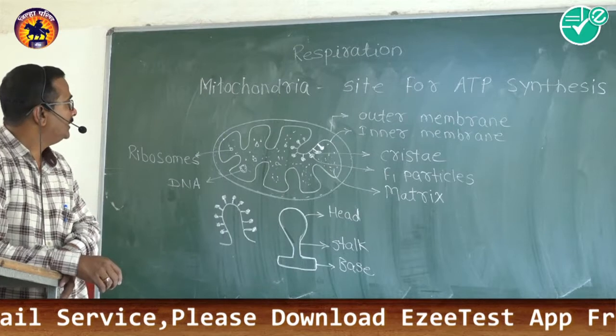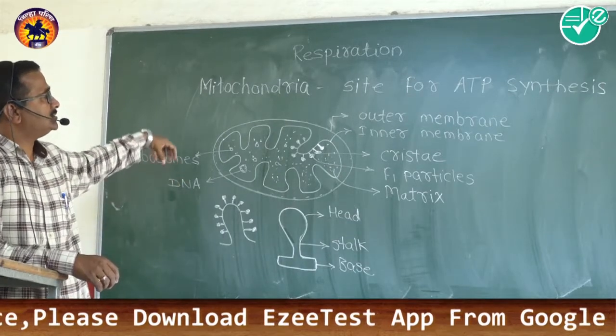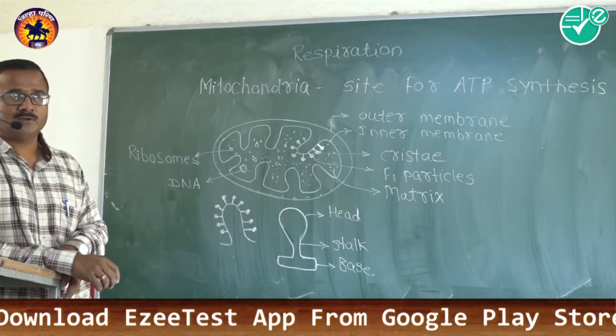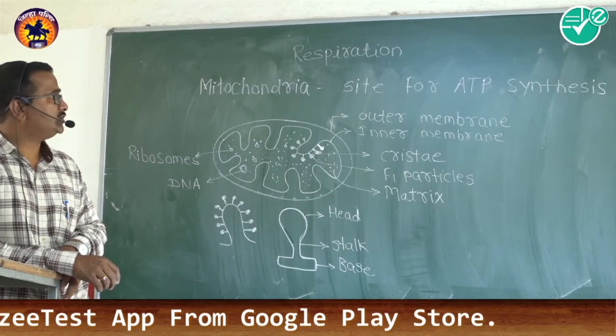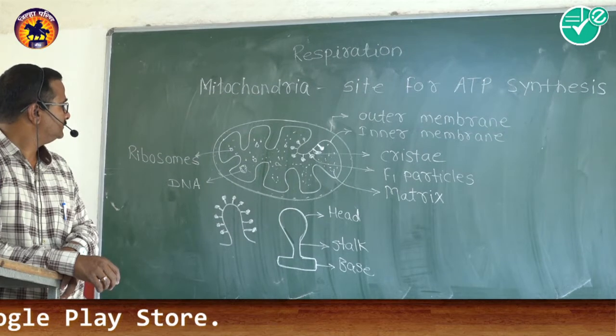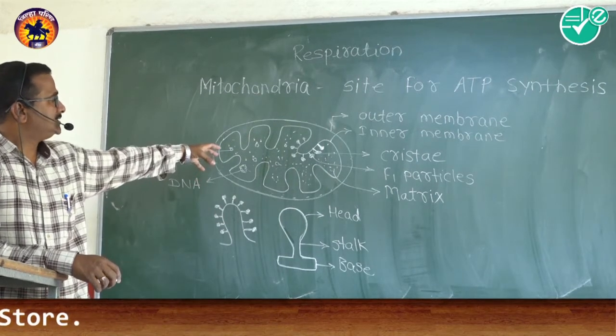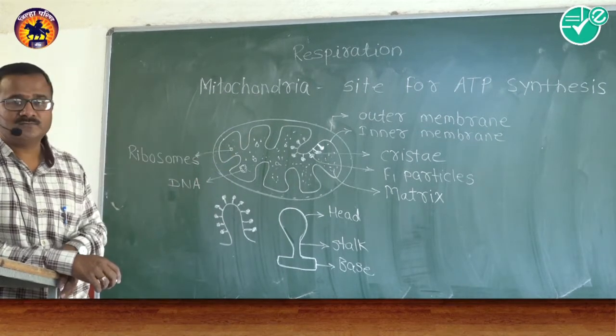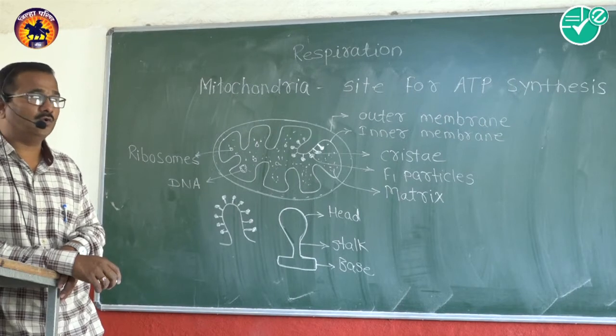So these are the structures which occur in this matrix of the mitochondria.